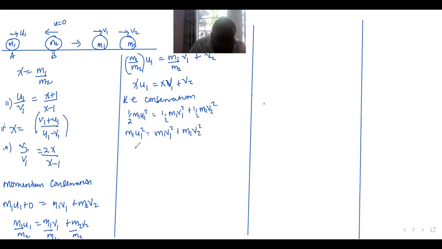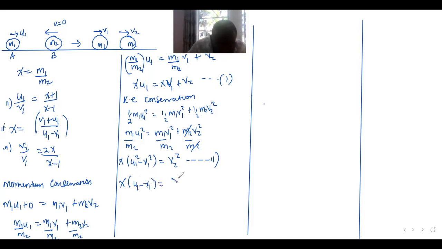When I divide everything by M2, I will attain X into U1 squared minus V1 squared is equal to V2 squared. This is equation 2. The one up there is equation 1. From equation 1, you can see X into U1 minus V1 is equal to V2.